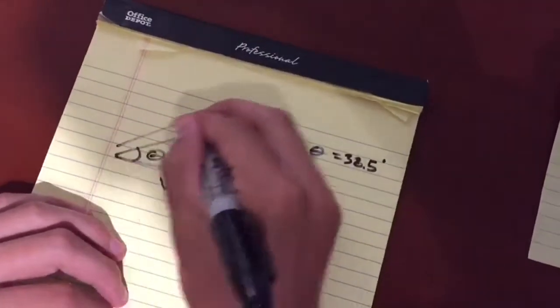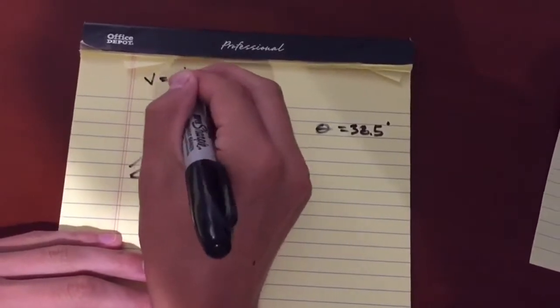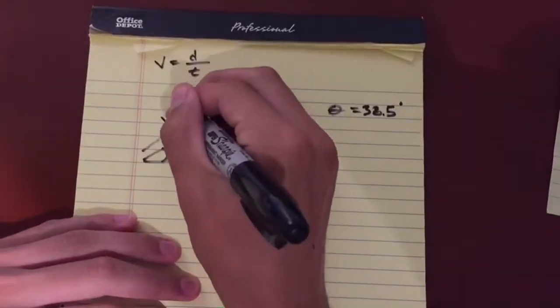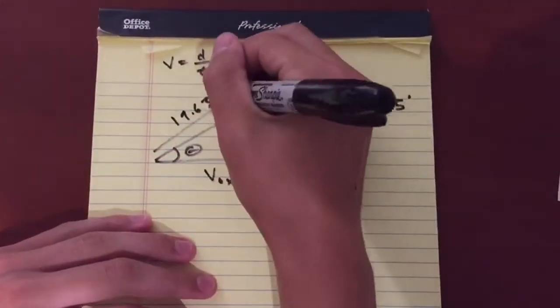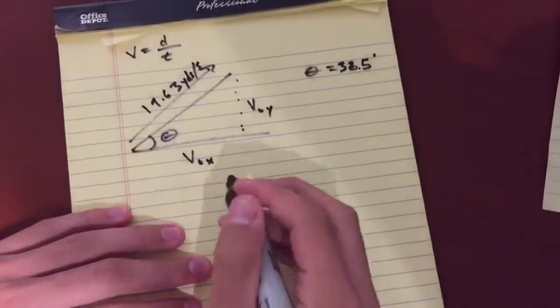The velocity, measured by the distance over time, shown in the video, is 19.63 yards a second. So, getting the x and y is pretty easy.